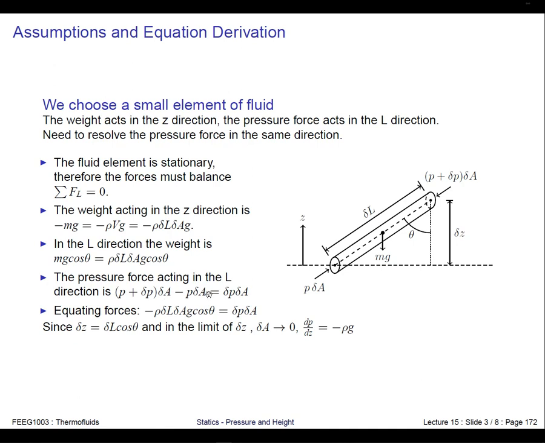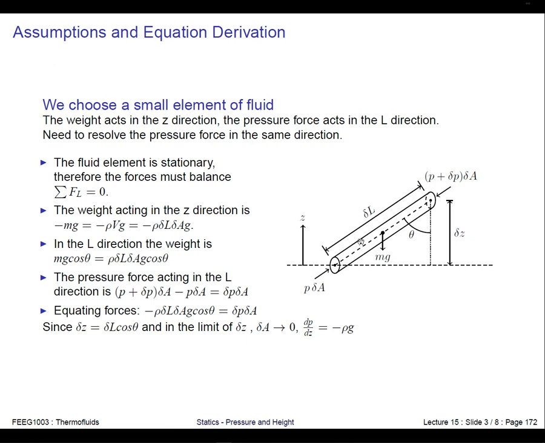We now do a force balance in the L direction for the forces due to the pressure. We've got forces on the ends, and forces on the curved cylindrical section. A pressure force will always act normal to the surface.